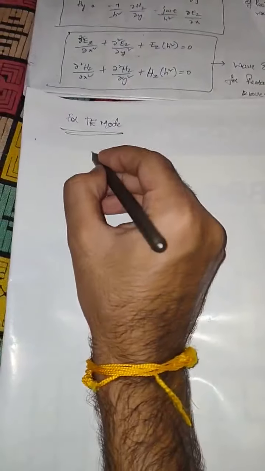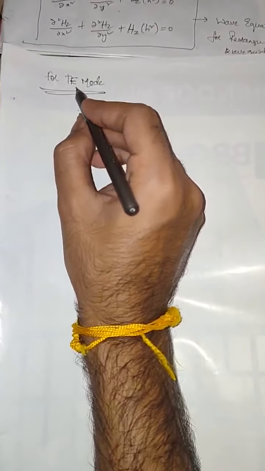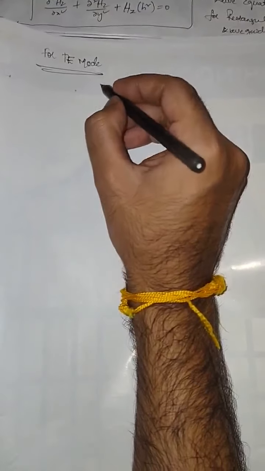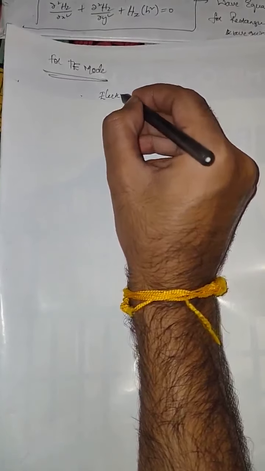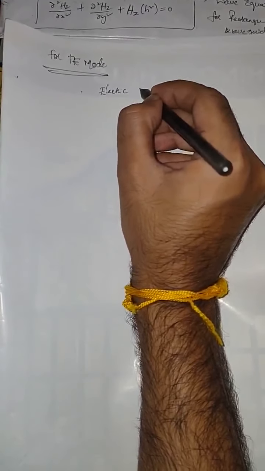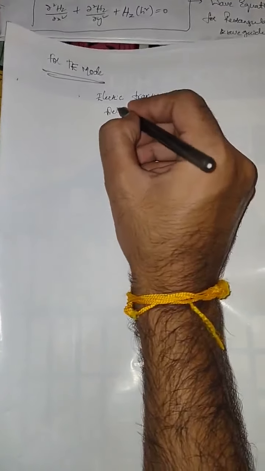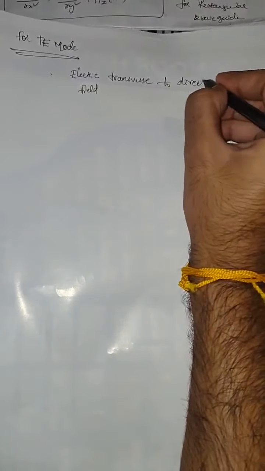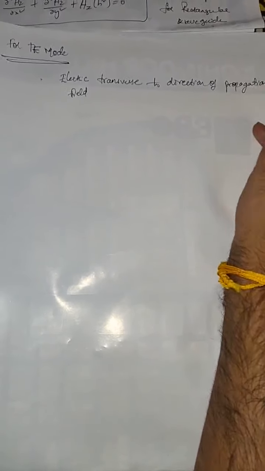In the same way we will do the analysis. TE mode means transverse electric mode, so the electric field is transverse to the direction of propagation.